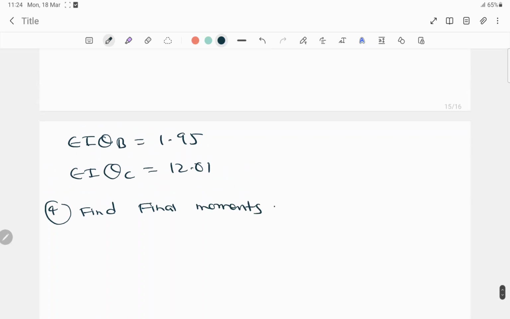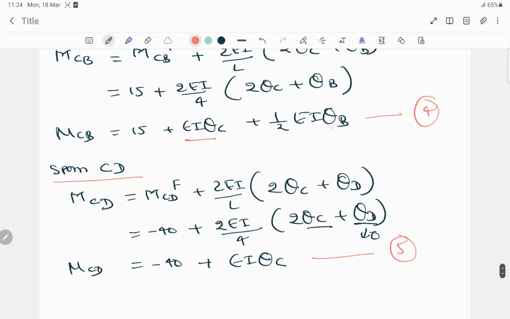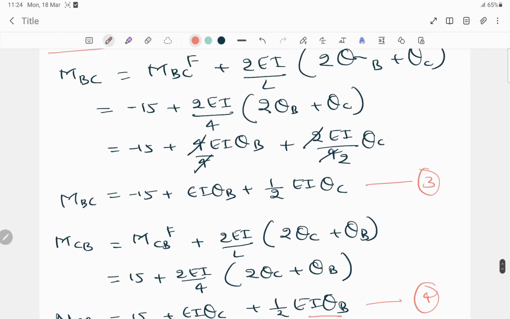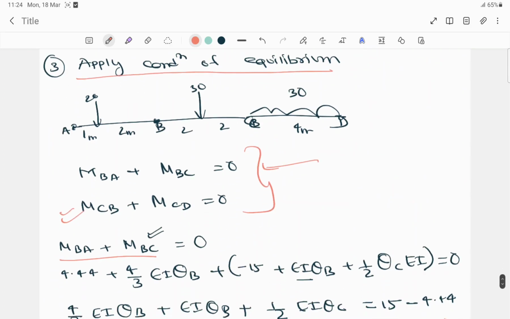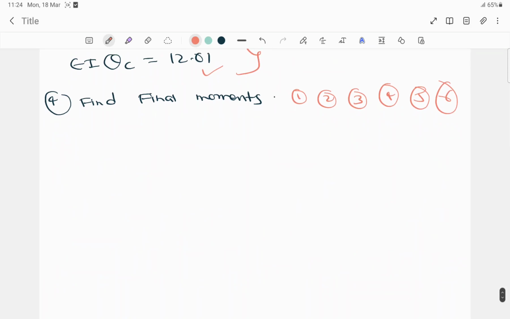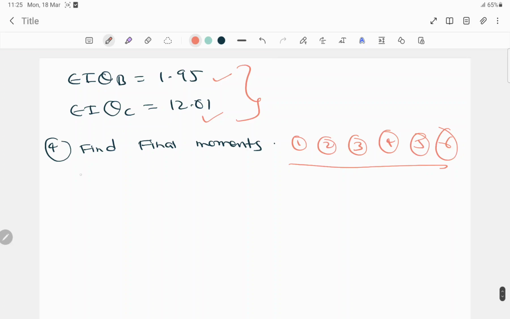We have values for EI theta B and EI theta C, so we can put these values in all the equations, that is 1, 2, 3, 4, 5 and 6. After putting the values in those equations, we'll get the final values.